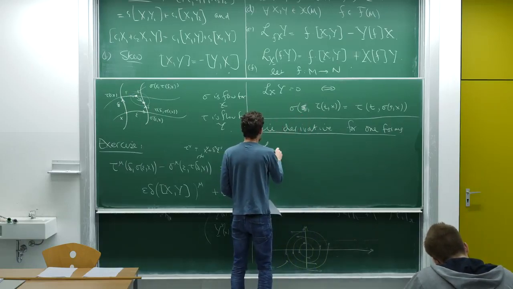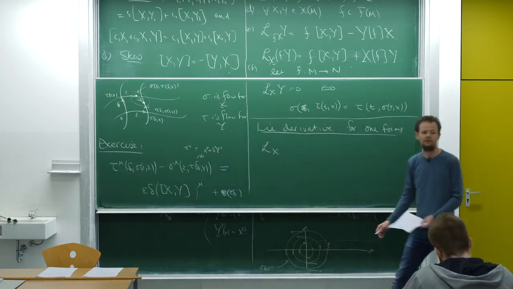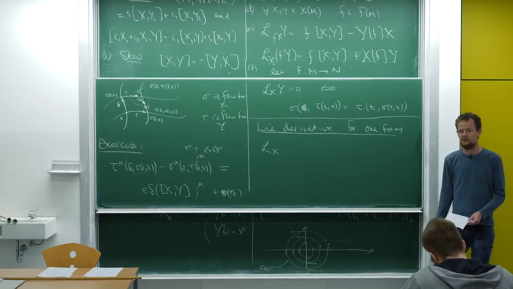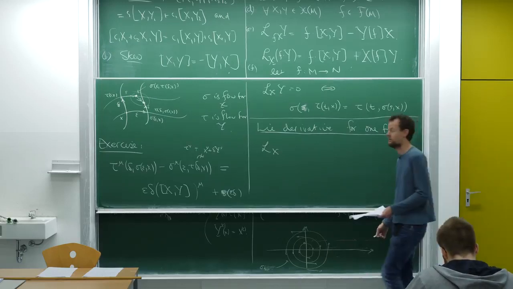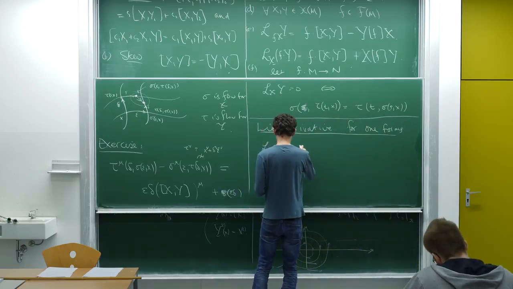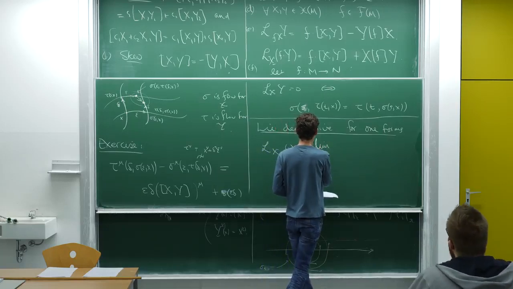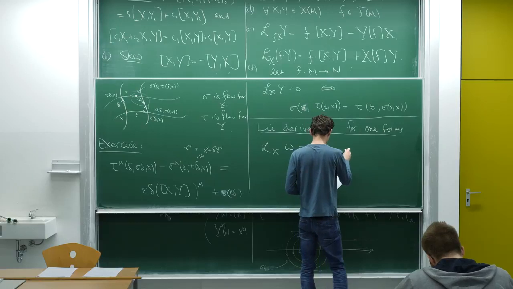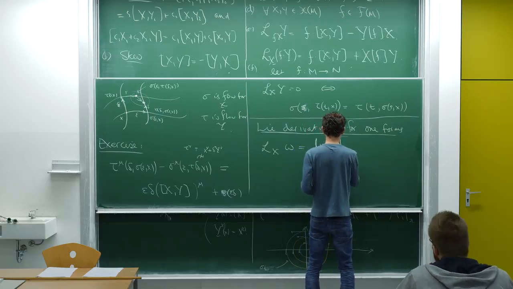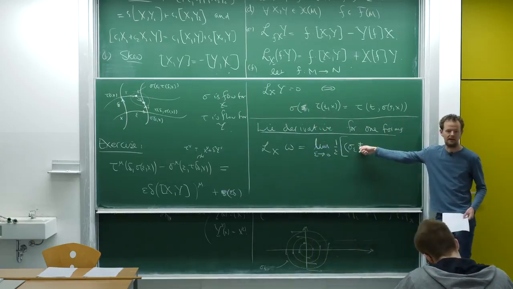So if you have your reference vector field x, but you have now a one form, what could it mean, the derivative? Well, we have a reasonable notion of pullback for one forms. So we're just going to replace everywhere where we would have put a push forward with a pullback. So this is now pulled back.